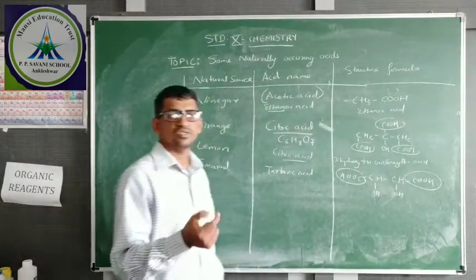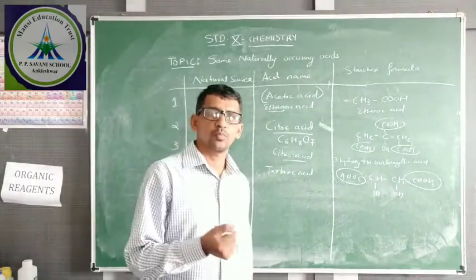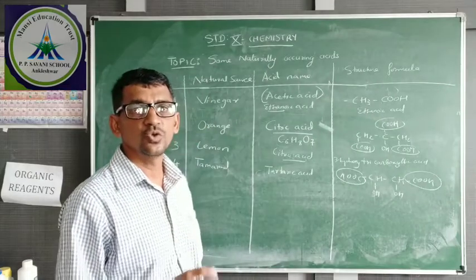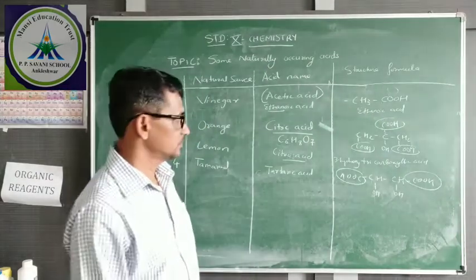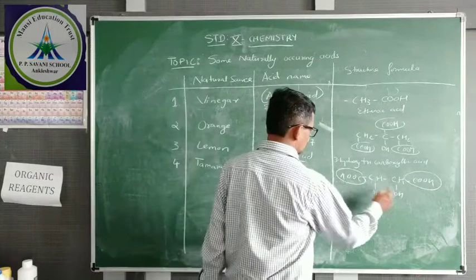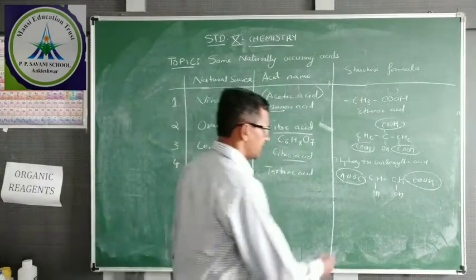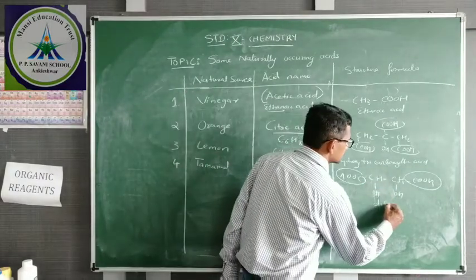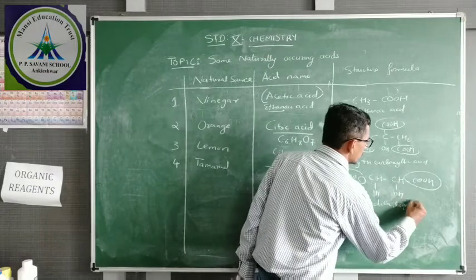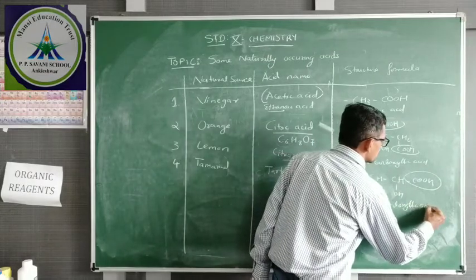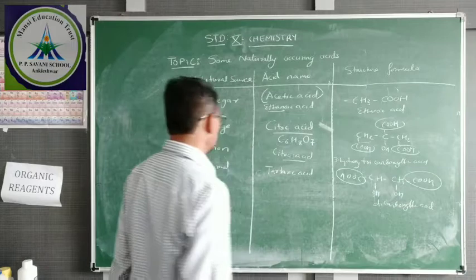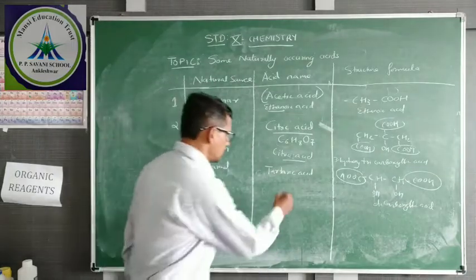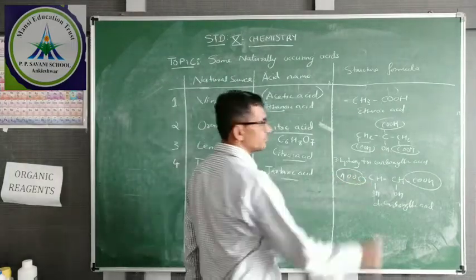So it is methane, ethane, propane and butane. So it is butane dioic acid. Okay, and hydroxyl groups are there. So this is the structure, so it is a dicarboxylic acid. So tamarind contains tartaric acid, and this is the structure of tartaric acid.